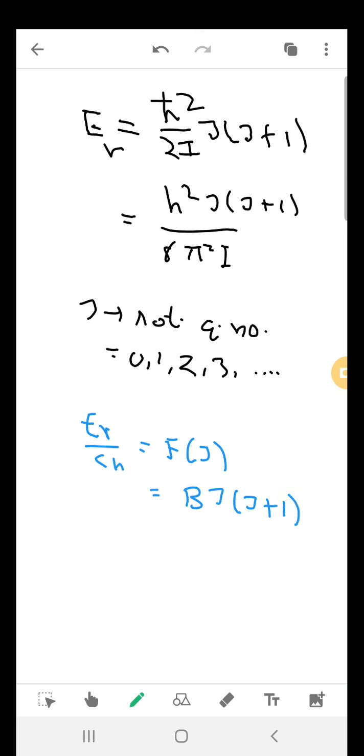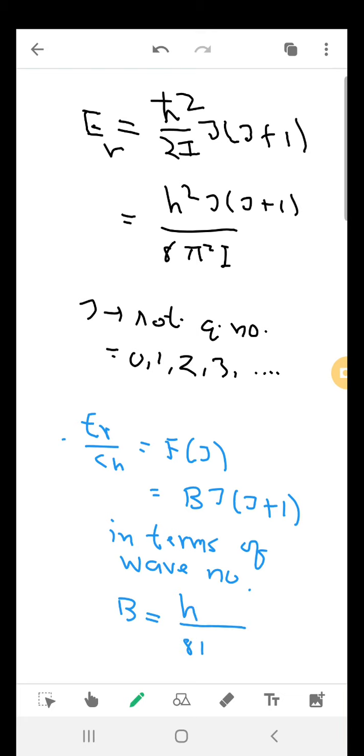This is representing the energy in terms of wave number, where B is equal to h by 8 pi square I c.